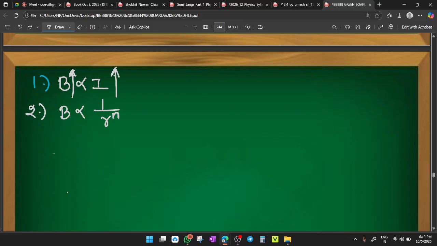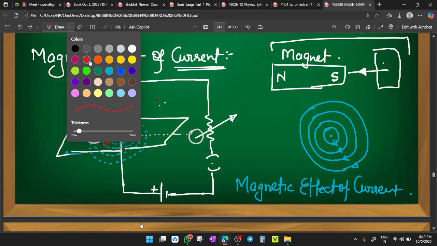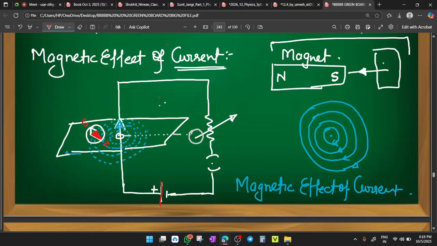Third result: once Oersted changed the direction of current, like here the current is going from positive to negative, as the polarity of the battery, plus is here and minus is here, so current is going in the upward direction.